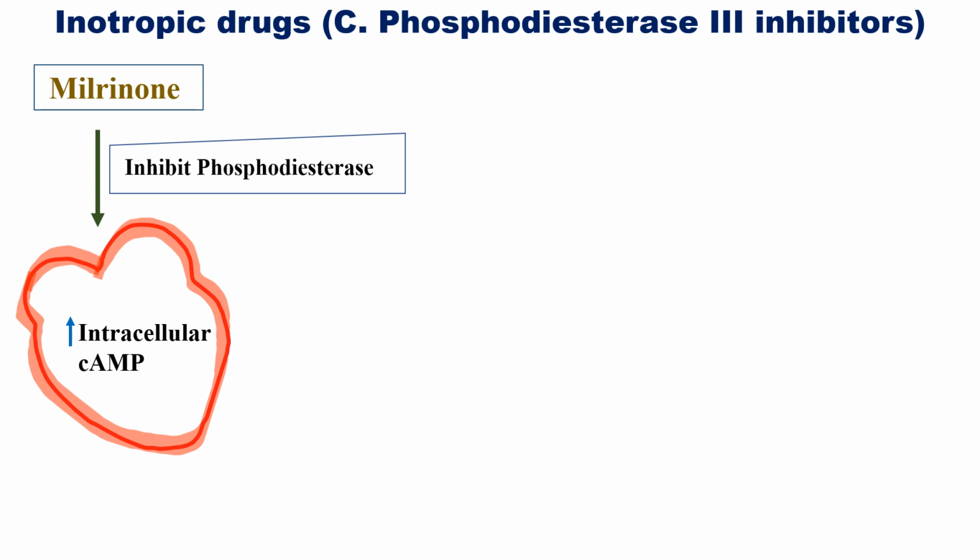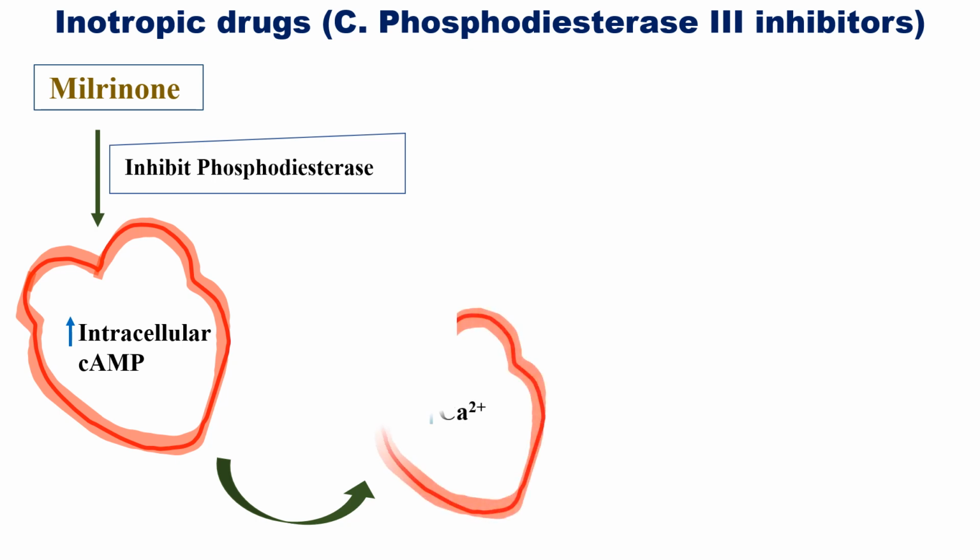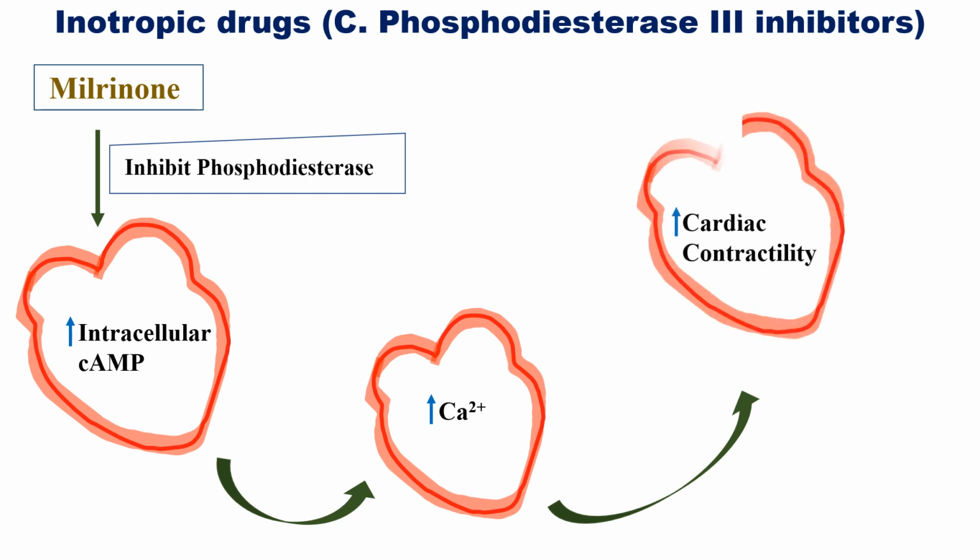The increase in cyclic AMP in turn increases calcium concentration in the heart. That finally leads to increased cardiac contractility or force of contraction. Now the force of contraction is increased, hence the problem of congestive cardiac failure is treated.